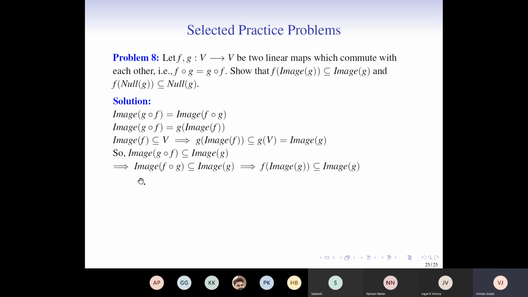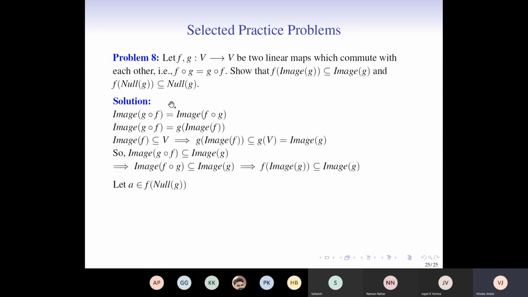So this expression gives rise to this expression: image of f of g is a subset of image of g. And by the second expression, that image of g of f is equal to g of image of f, we can say similarly for image of f of g that it is the same as f of image of g. And that is a subset of image of g. This is what we had to prove.